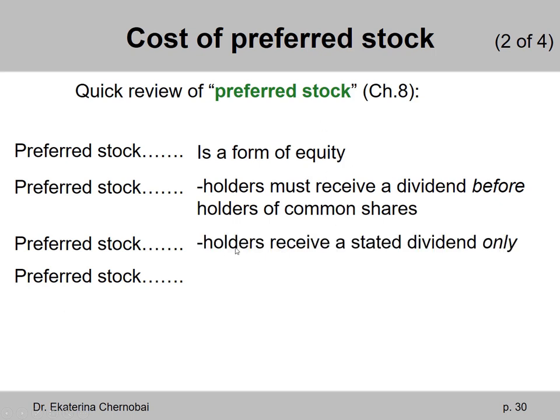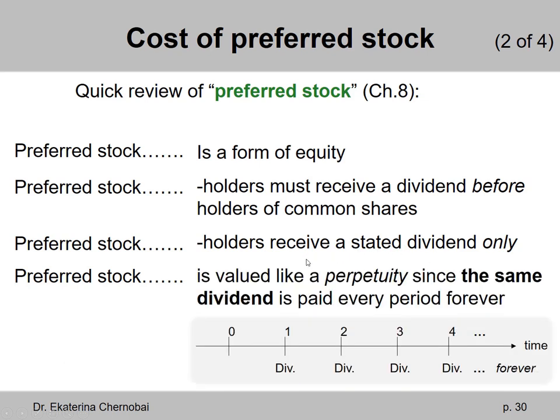Preferred stockholders only receive a so-called stated dividend, which means it's fixed, let's say $2 every year forever. Whereas with common stock dividends, the dividend may be higher in good years when the company has higher profits, and the dividend may be low or nothing at all in bad years for the company.